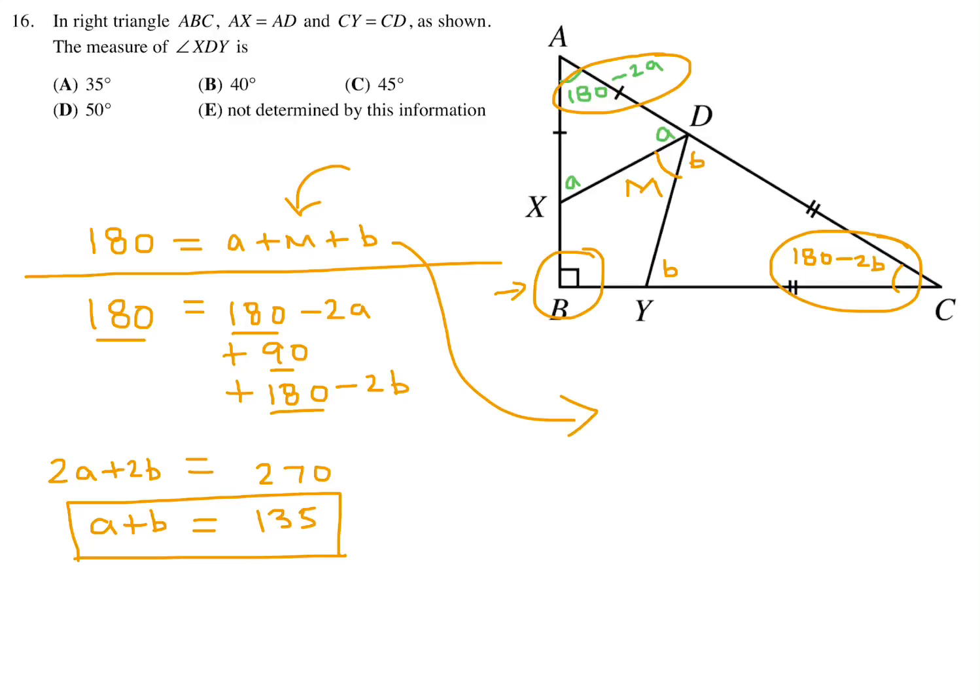So 180 is equal to a plus b plus m. But a plus b we figured out was 135. And therefore, m would be equal to 180 minus 135, which is 45. So XDY is 45, so 16 is C.